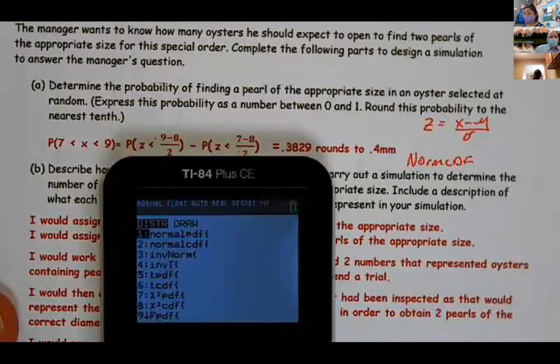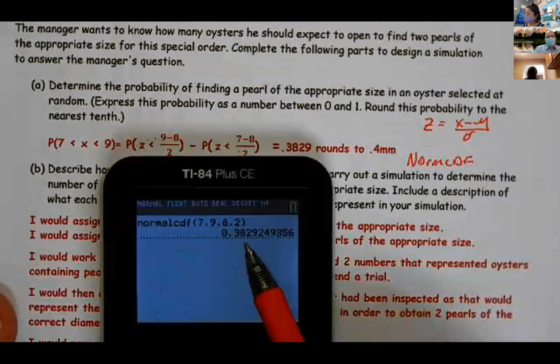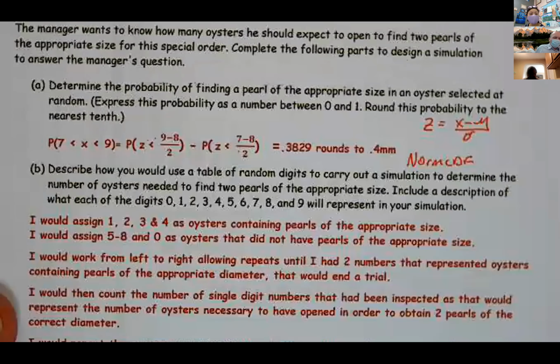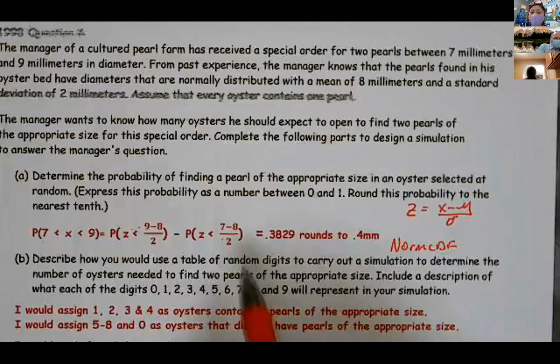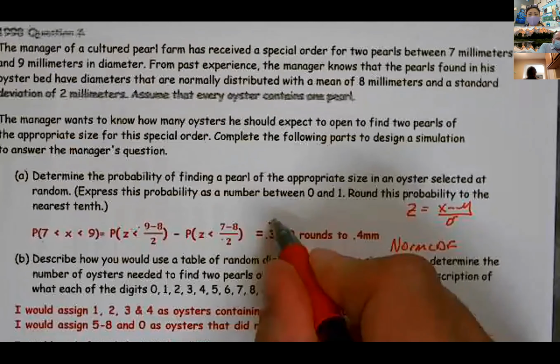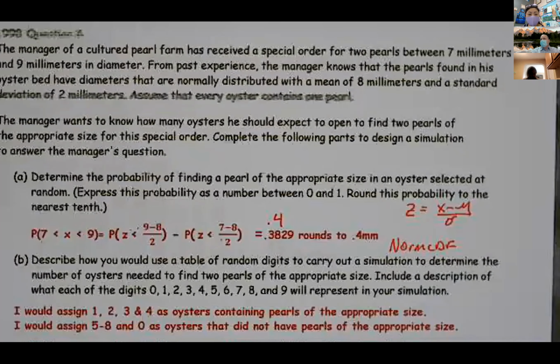Second vars, norm CDF, lower bound 7, upper bound of 9, mean of 8, and standard deviation of 2. And we end up getting a probability of 0.3829. Now they said they wanted us to round to the nearest 10th. Well, the nearest 10th in this case is going to be 0.4. Okay?